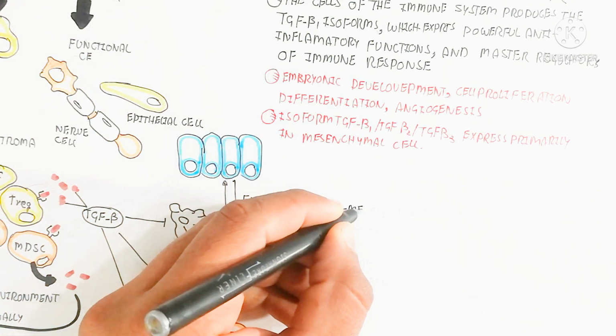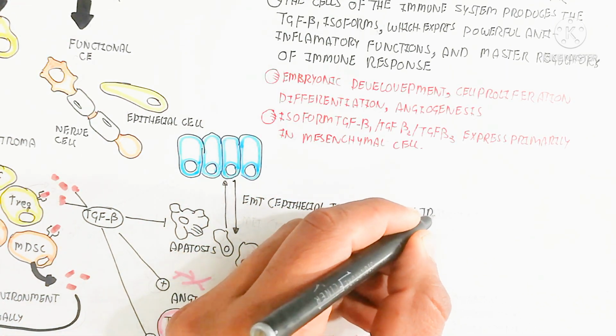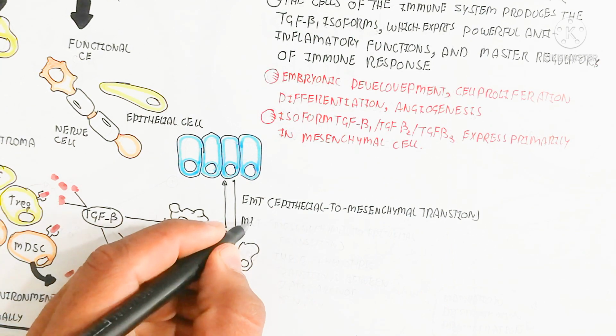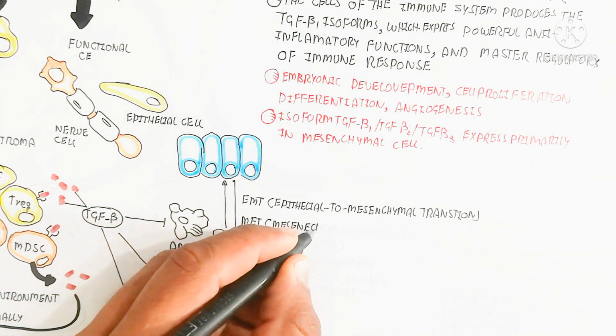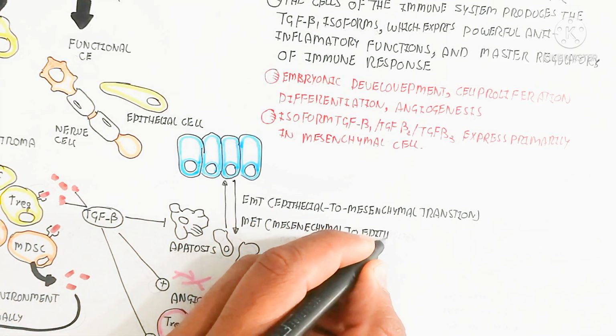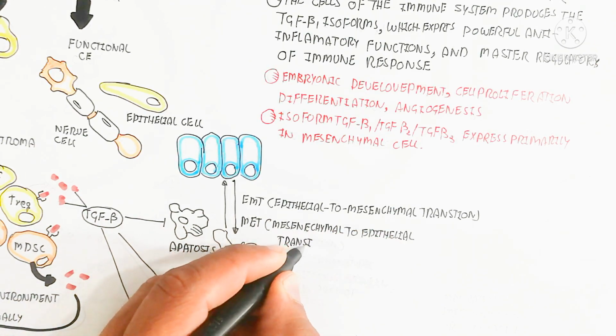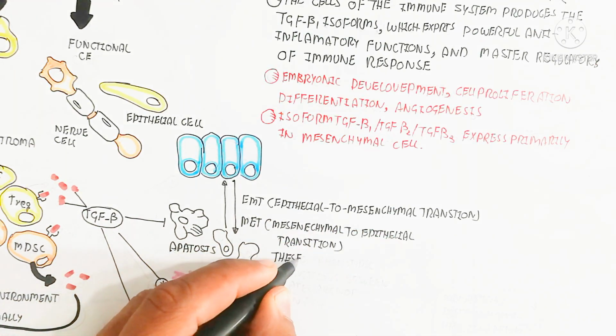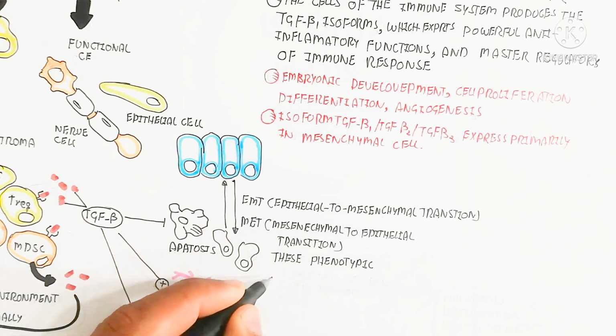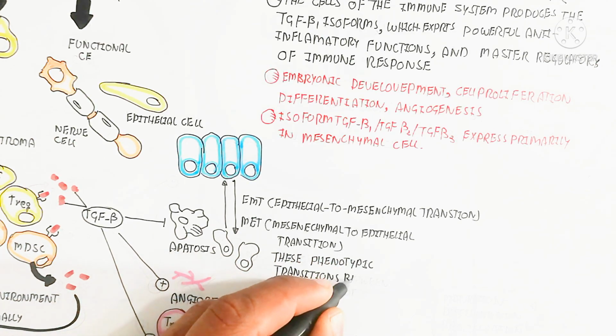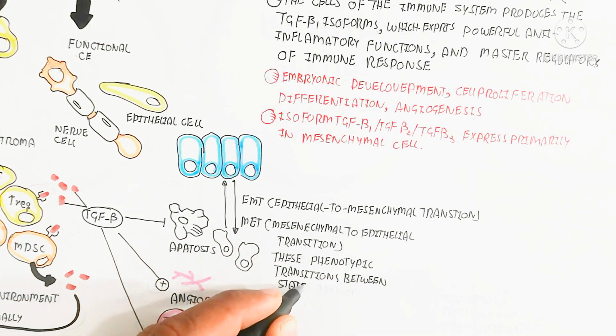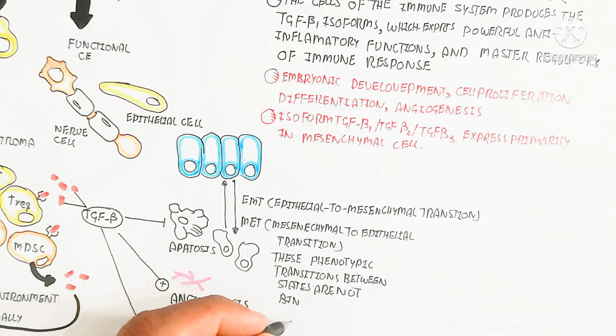This phenotypic transition between states is not binary. It means it can be reversed when transforming growth factor no longer binds. I hope you are getting this concept. But now, let's begin to understand the cellular signaling process.